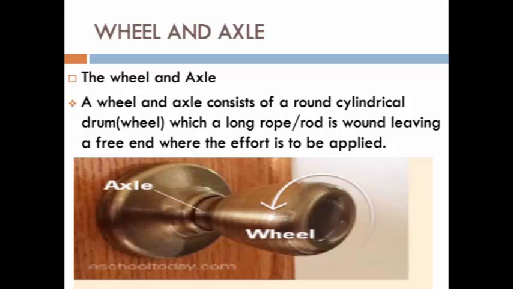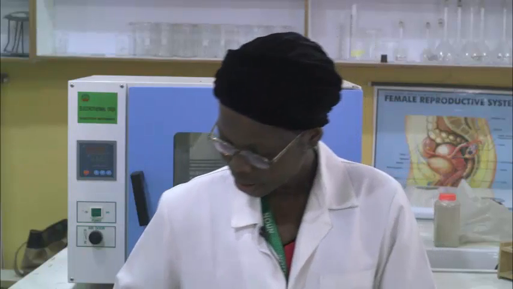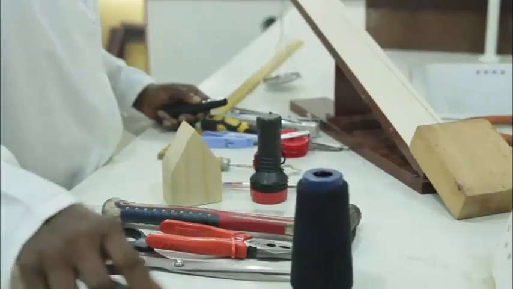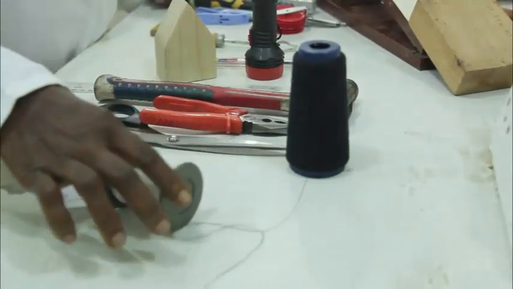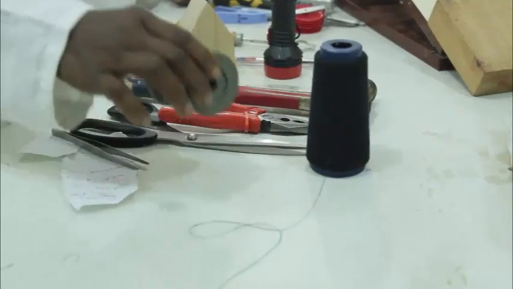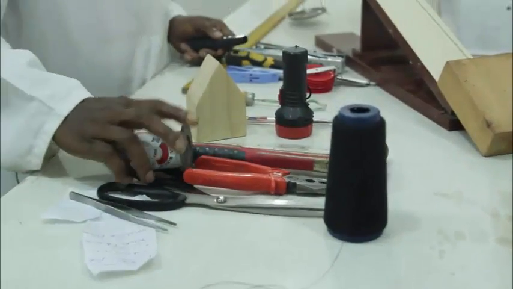And so we have the wheel and axle, as we have here, this is an example of a wheel. We have the wheel and axle in keys, and we have the inclined plane.